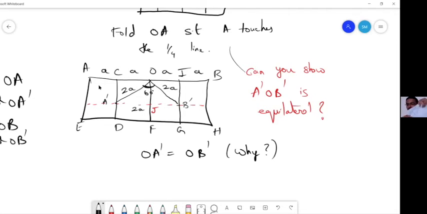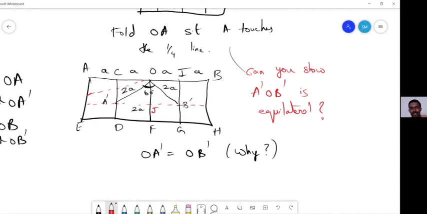So basically, what it is showing is this line, right? I'll just draw the crease. So after this folding, to get this OA dash, it is creating a crease in this manner, like this, right?